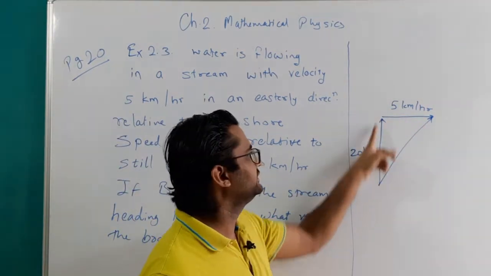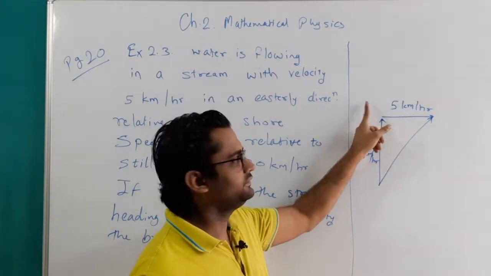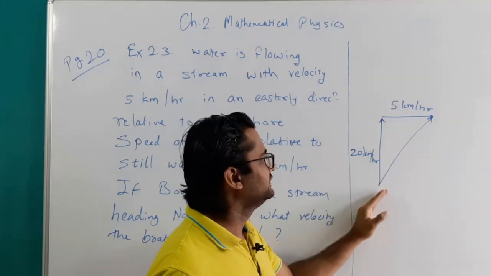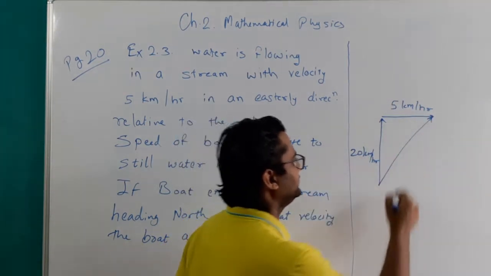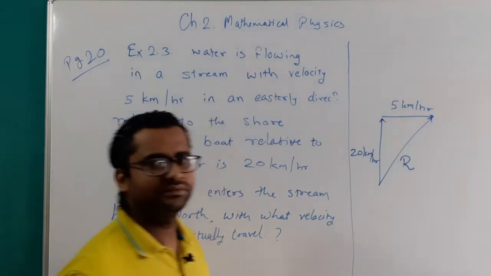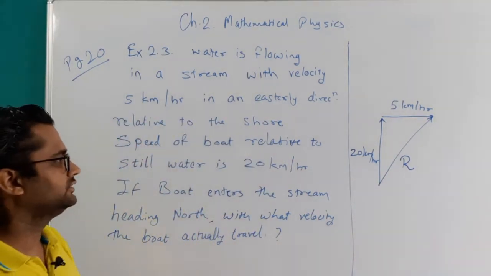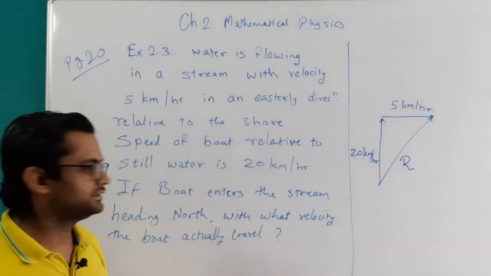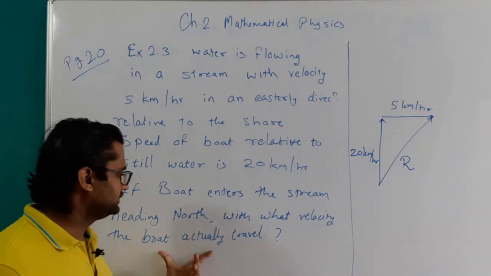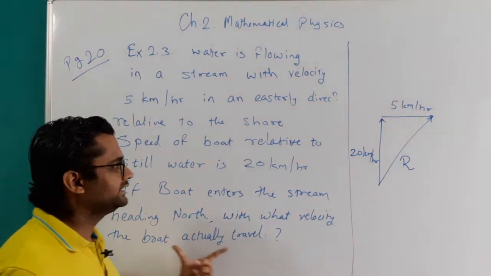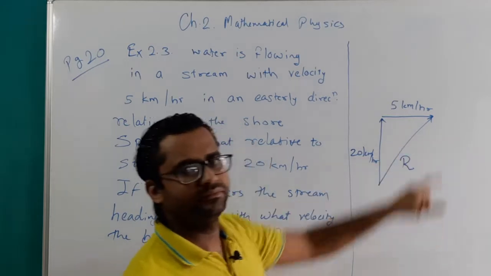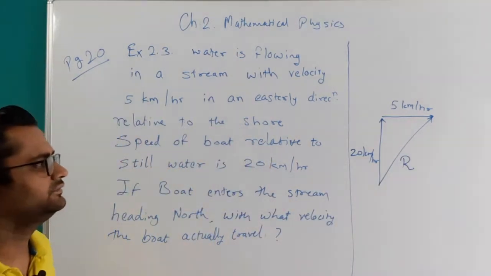This is the first velocity v1 and this is the second velocity, and the resultant will be this r, the resultant velocity of the boat in actual terms. The velocity with which the boat will actually travel is this velocity r. We can call it r or vr, anything.